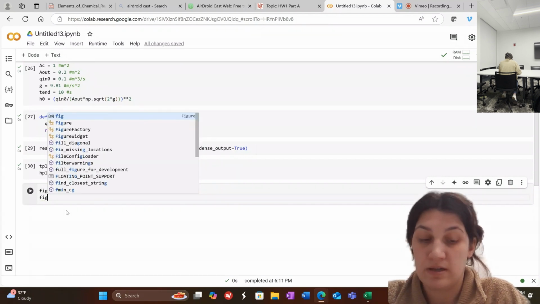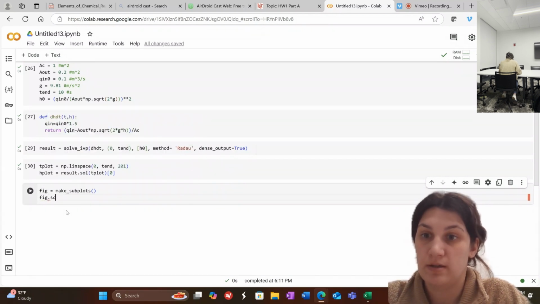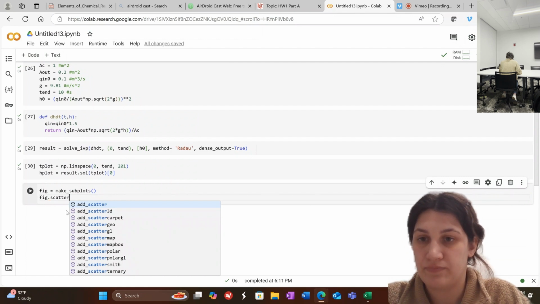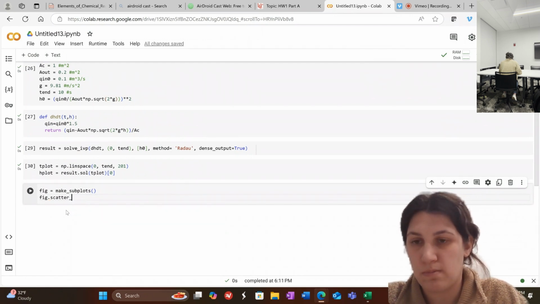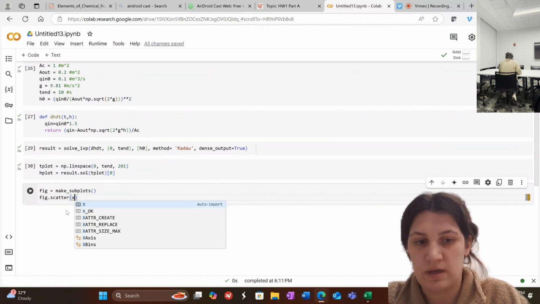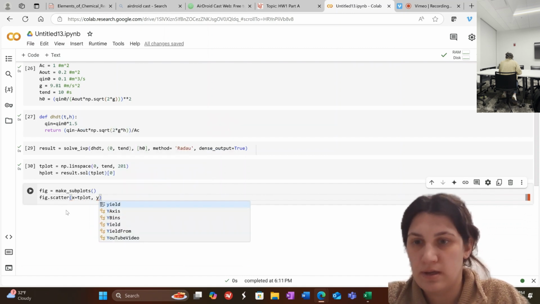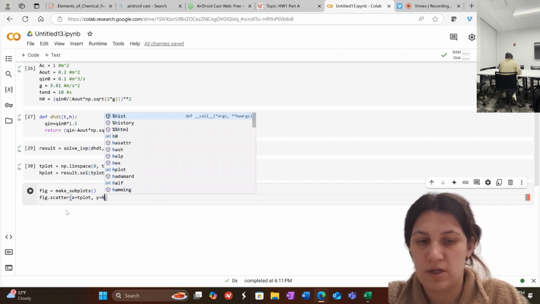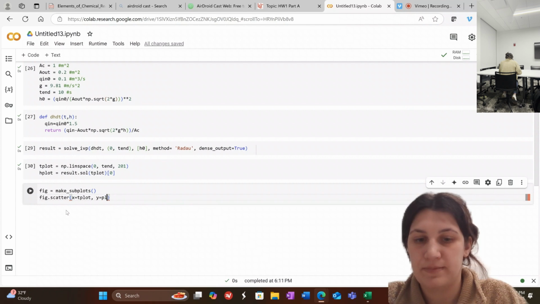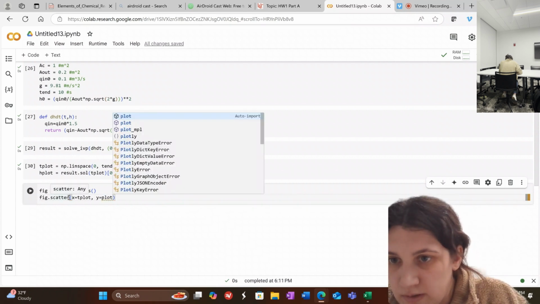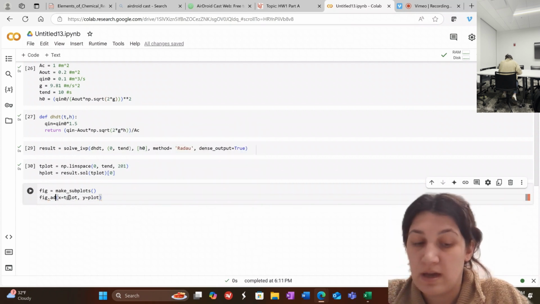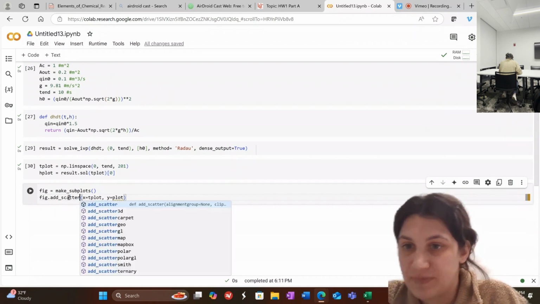And we want to make it a scatter plot. Scatter, x equal to our t_plot and y is equal to h_plot. Pretty sure this is add_scatter. There we go.